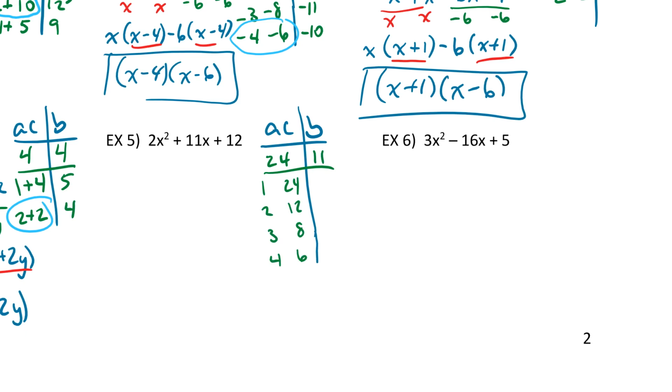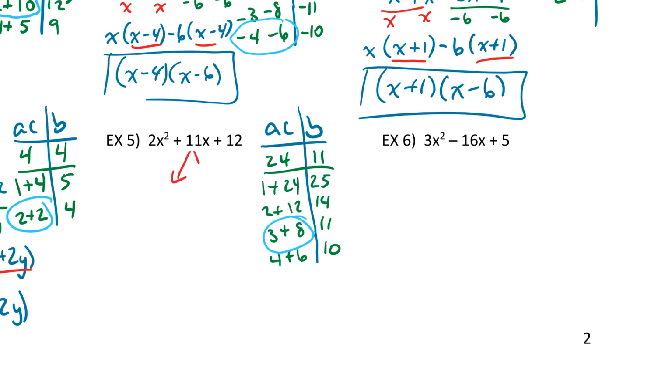Everything was positive, so we leave everything positive, and we just add them up. So 1 plus 24 is 25, 2 plus 12 is 14, 3 plus 8 is 11, and 4 plus 6 is 10. So the 3 and 8 are the factors that we want.